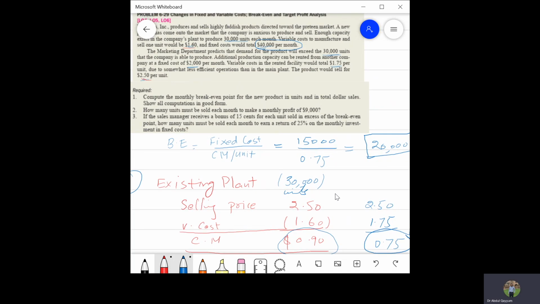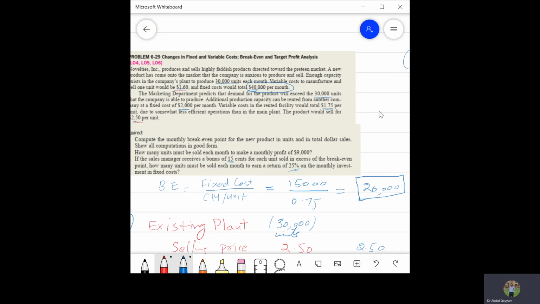Last part. If the sales manager receives a bonus of 15 cents for each unit sold in excess of break-even point, how many units must be sold each month to earn a return of 25% on monthly investment in fixed cost?